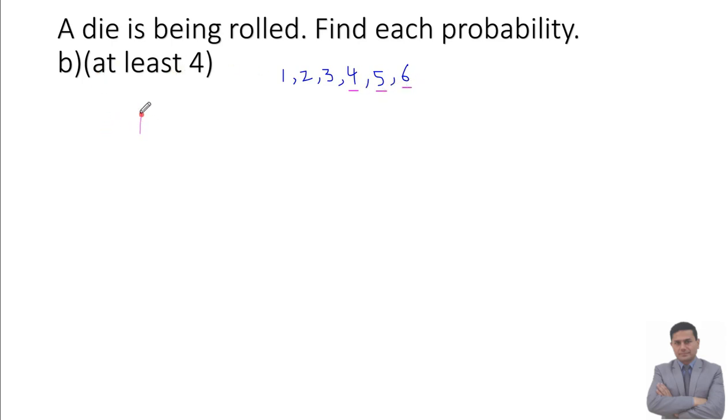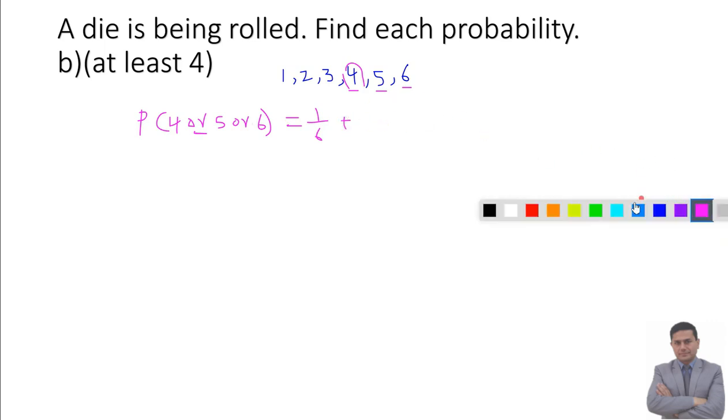So probability of 4 or 5 or 6. I'll write it together. For 4, how many 4s are there? 1, out of how many numbers? 6. So 1 by 6, and OR means plus.